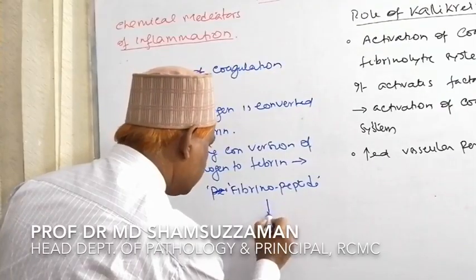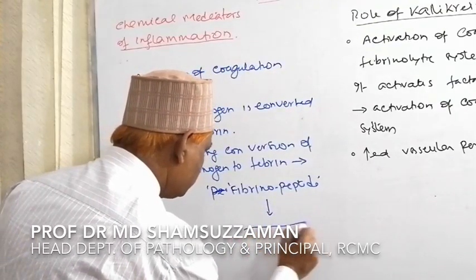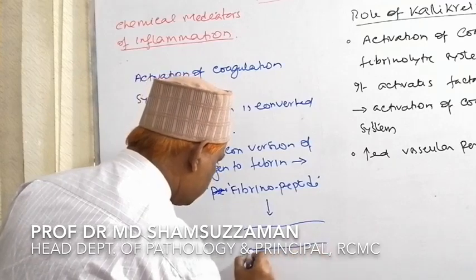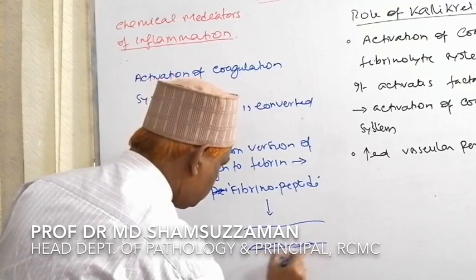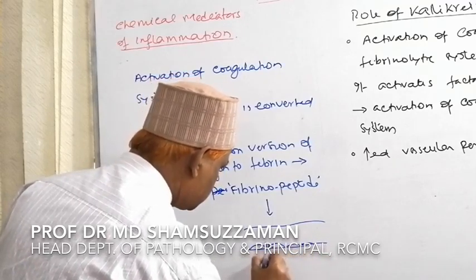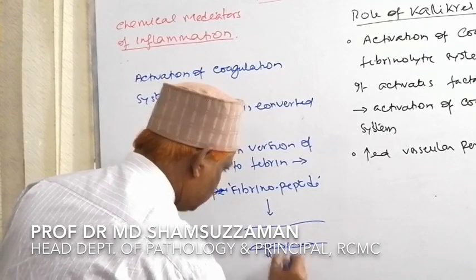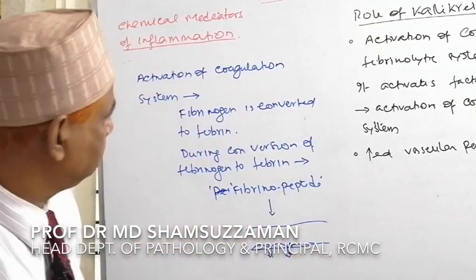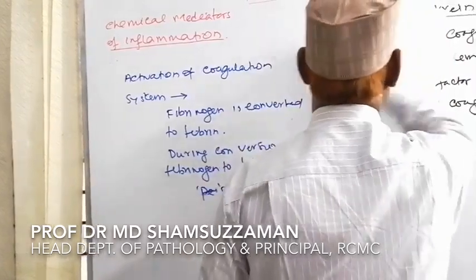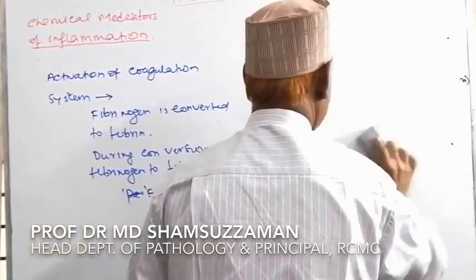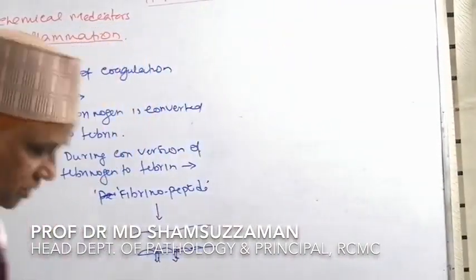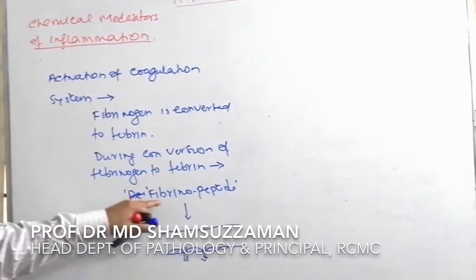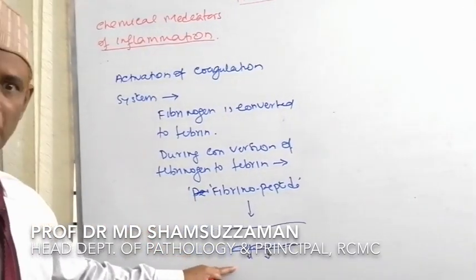This peptide is associated with increased vascular permeability. This fibrinopeptide acts upon the endothelium and causes increased vascular permeability, and so there is exudates. So by producing fibrinopeptide, it is associated with increased vascular permeability.